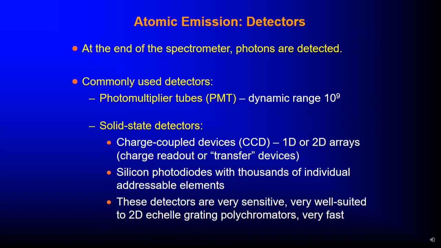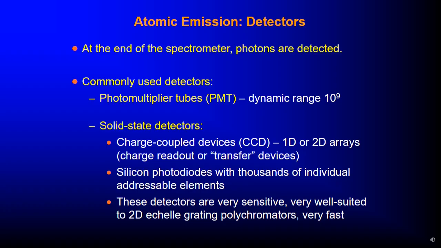Then detectors in atomic UV-Vis. We have the PMT, the photomultiplier tubes, and the dynamic range is 10 raised to power 9. Solid state detectors, where we have the CCD, charge coupled devices.